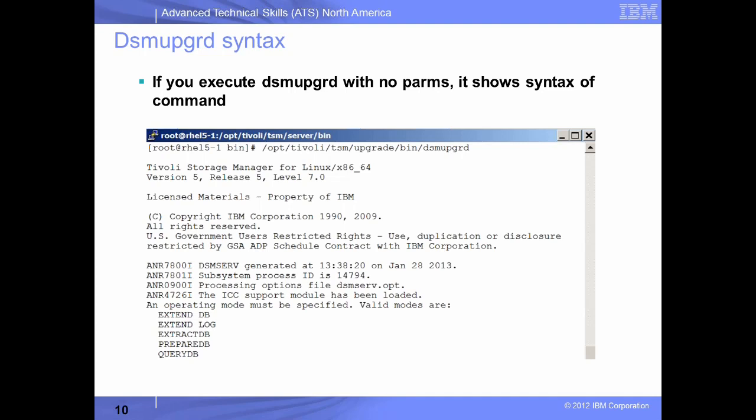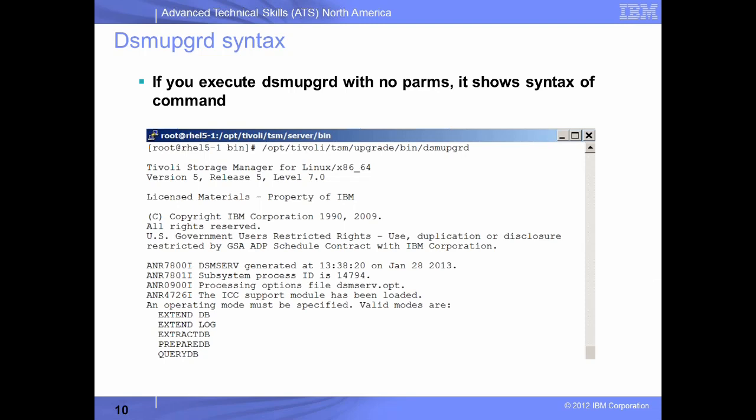You can give it a query DB parameter, and basically all it does is fire up a small version of a TSM server, issue that Q space DB format equals detailed command, and then it shuts down. So at least on Linux, we know that there's some added functionality in this DSM upgrade tool.